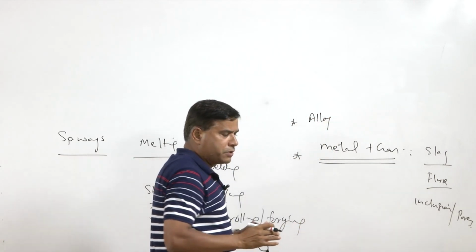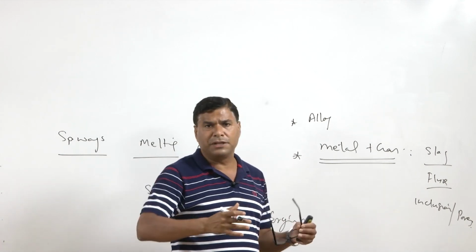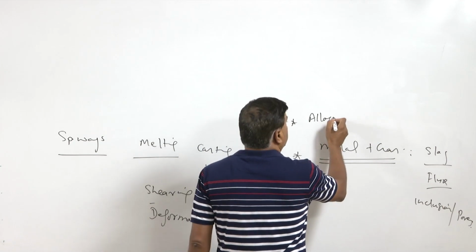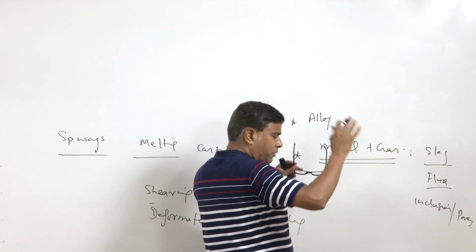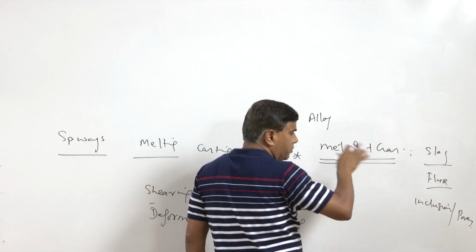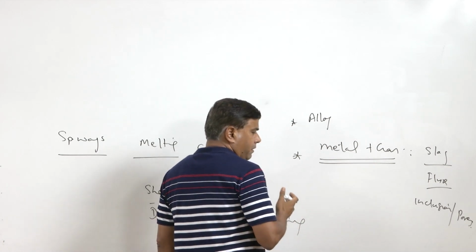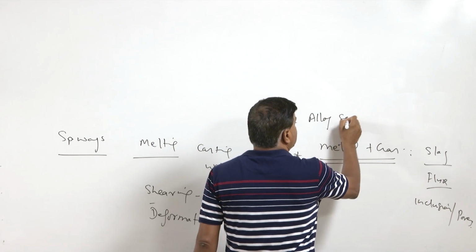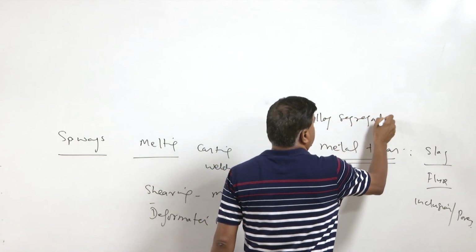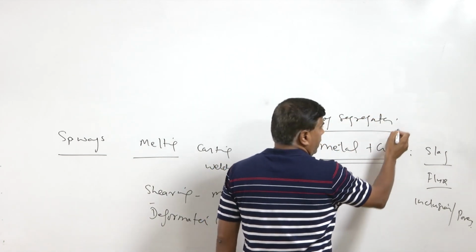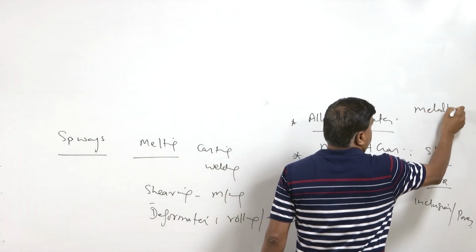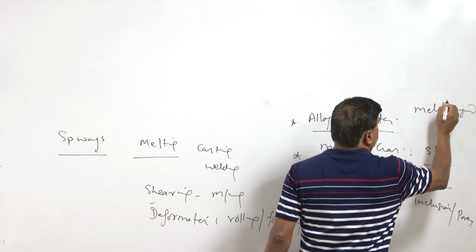You know that most metals are used in alloy form because they have good strength. But whenever they are brought to the molten state, due to the various regions, they tend to segregate. So, alloy segregation tendency leads to a lot of metallurgical variations in the different zones.